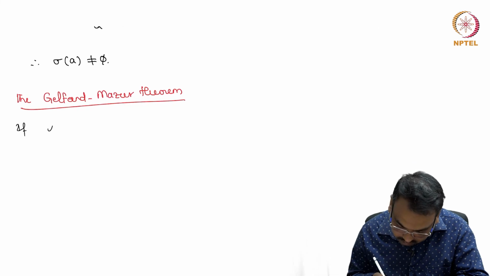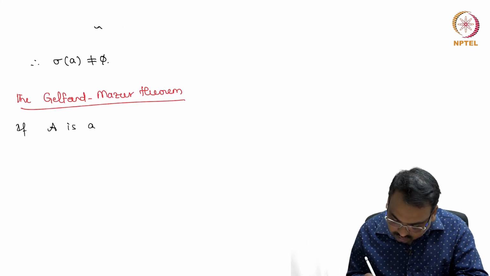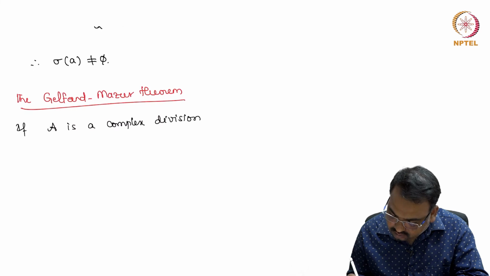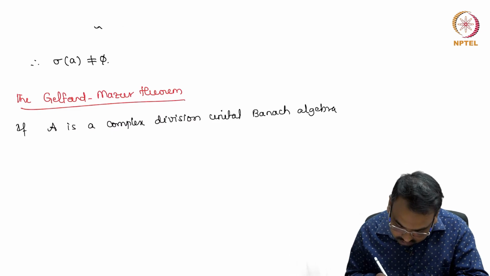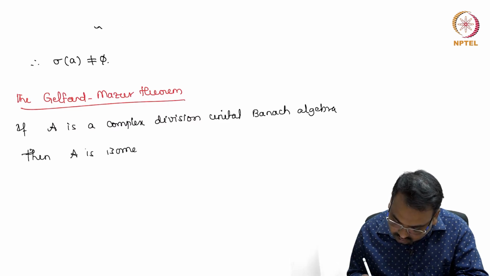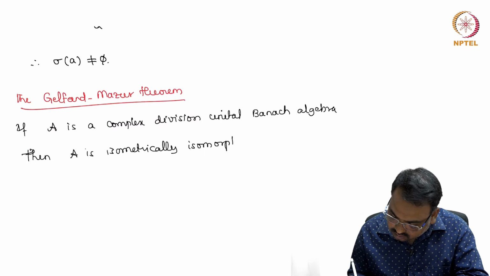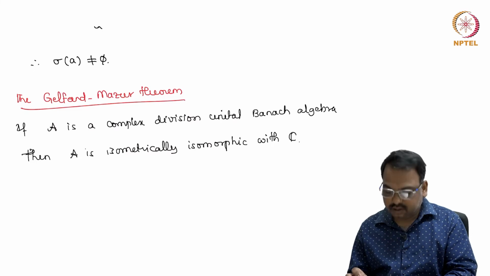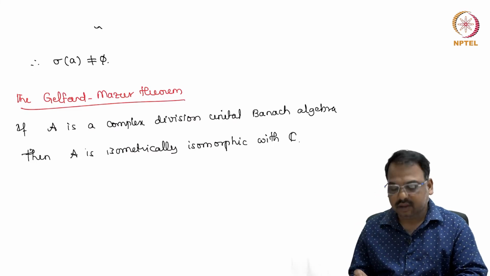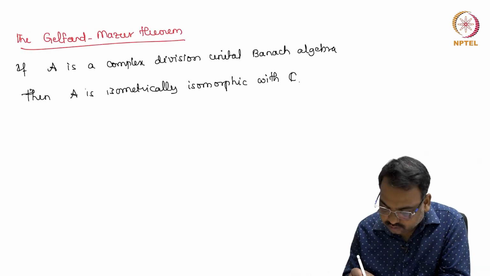If A is a complex division, unital Banach algebra, then A is isomorphic with C. Here division algebra means every non-zero element is invertible. So let us look at the proof.